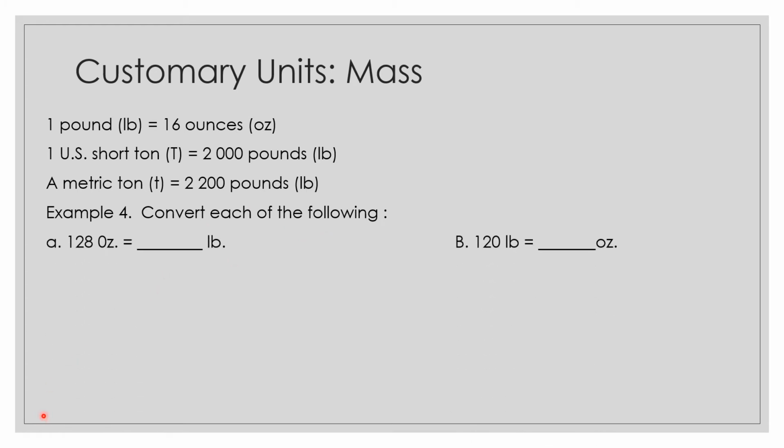Now, example number 4, convert each of the following. 128 ounces to pounds. So, what are we going to use here? We said for 1 pound, there are 16 ounces. So 128 ounces times 1 pound over 16 ounces. We cancel the ounces.